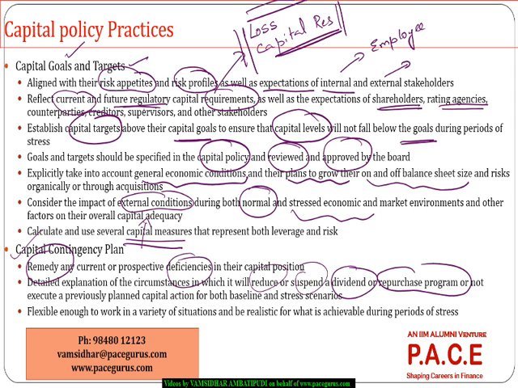All these things, they have to be adequately documented. And at the same time, there should be a lot of flexibility so that different kinds of situations can be worked out. It should be more and more realistic as to what can be achieved during the period of stress. So the capital goals, targets, contingency planning, they all will ensure the adequacy of the capital policy practices of the company.